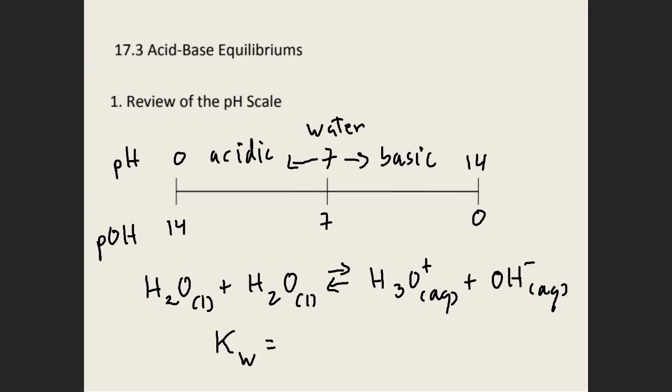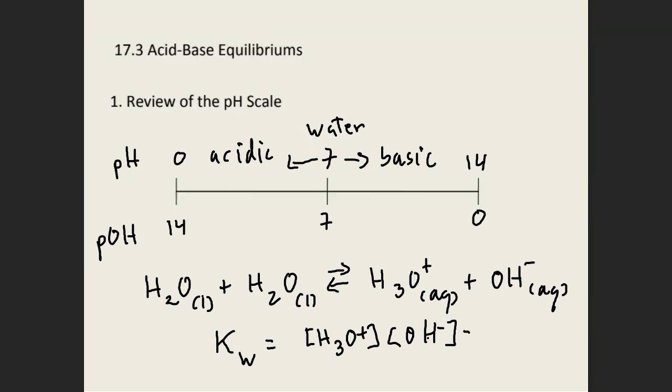Now, being this is an equilibrium reaction, we can write the equilibrium constant. It has a special name. It's called Kw, K for water, or sorry, W for water. And it's a very weird one, because you don't include water in these, do you? And so all it is these two guys, and there's nothing on the bottom. So it's the product of hydronium ions and hydroxide ions.